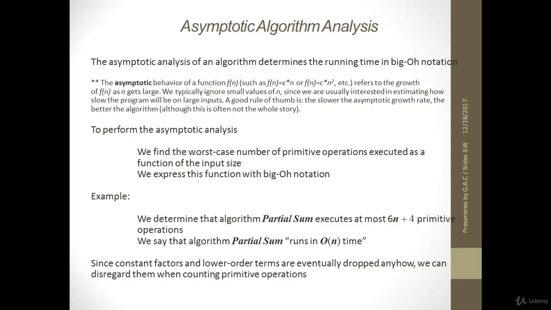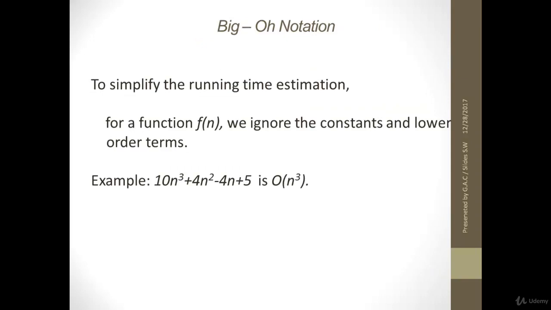There we ignore the constant factors and lower order terms. Previously we got the cost as 6n plus 4. Once we ignore the constant factors and lower order terms, we get O(n) time. Next we looked into an example of big O notation. Here we ignore the constants and lower order terms. That's the end of the session.